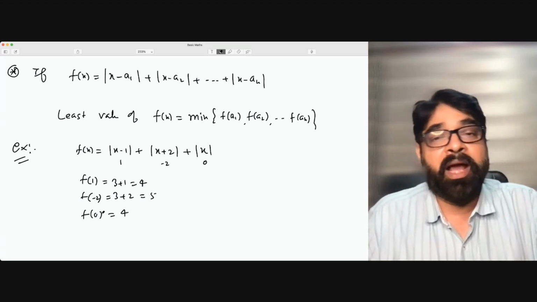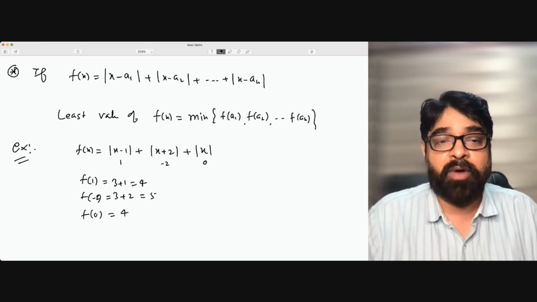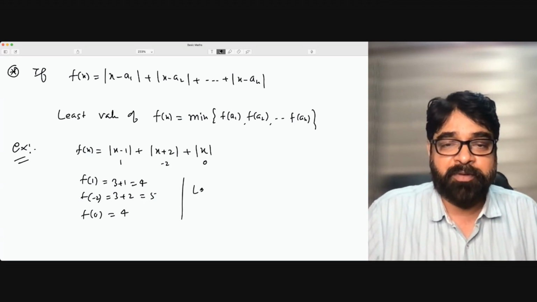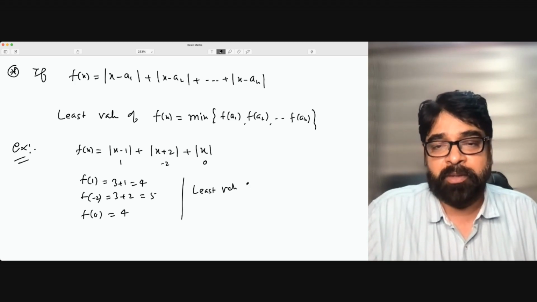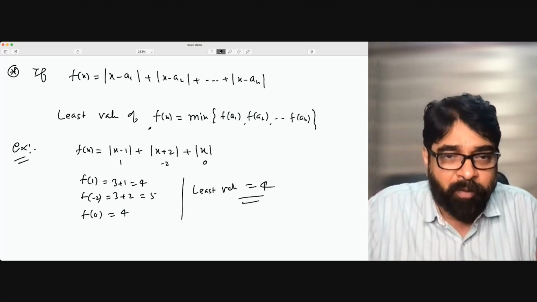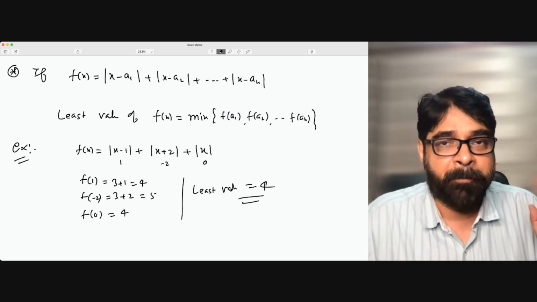Now tell me, where is the least value? What is the least value of f out of these three? I'll say 4. 4 is the least value. It means the least value of the function equals 4. Whatever x you put, the whole value cannot be lesser than 4. I'm sure it's clear to everybody.